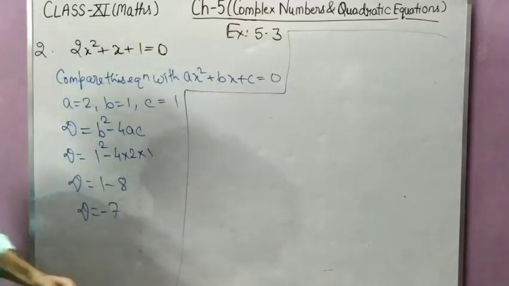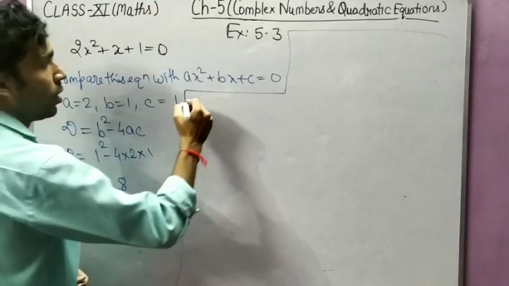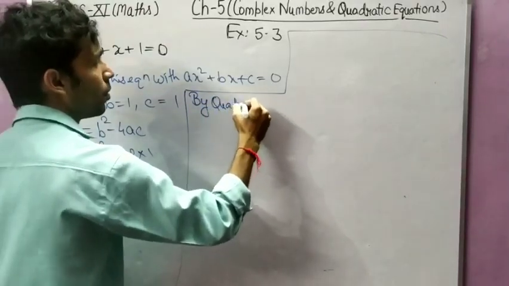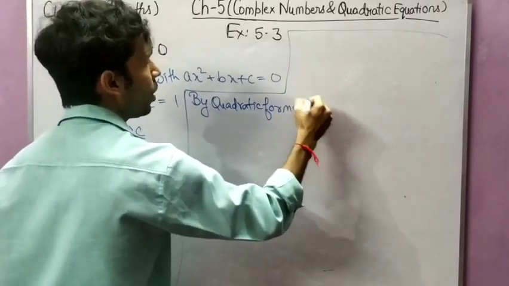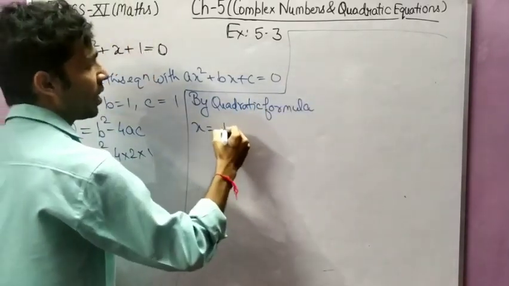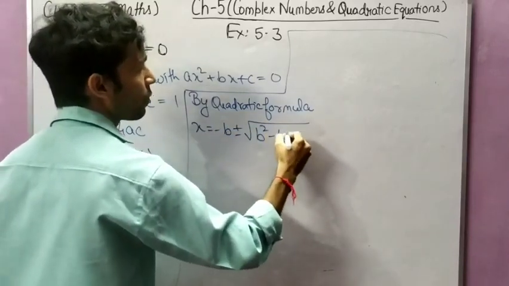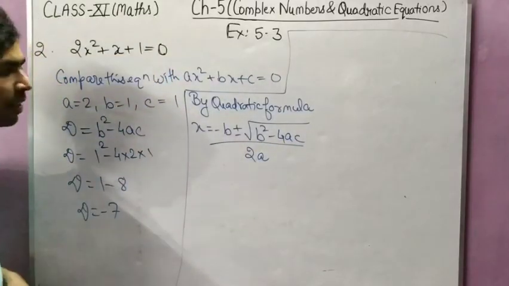So we have to solve it. We can use the quadratic formula. By the quadratic formula, we know x = (-b ± √(b² - 4ac)) / 2a. Now put all the values.